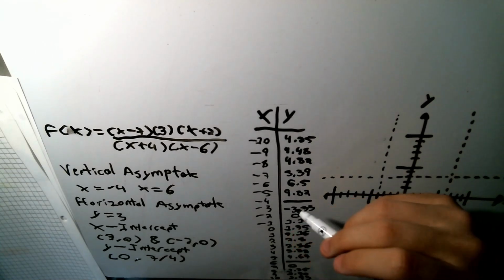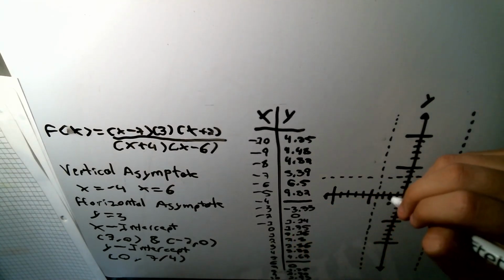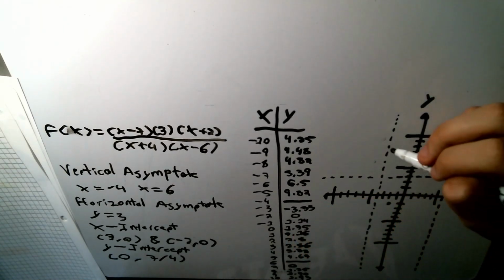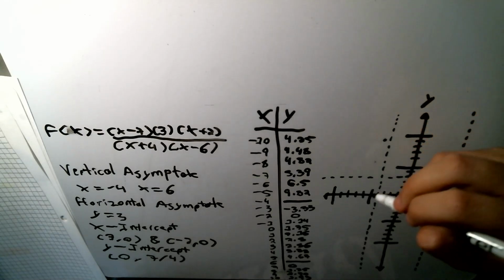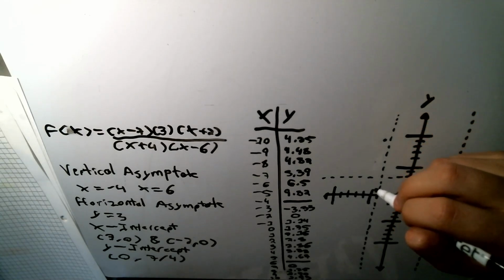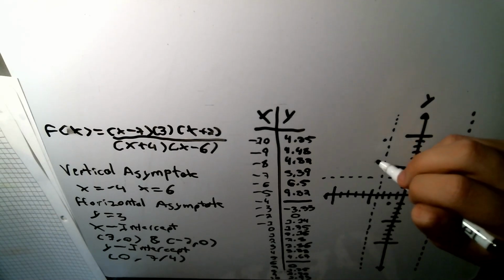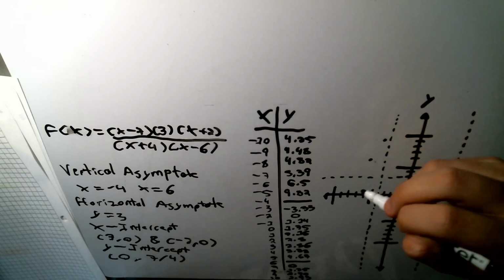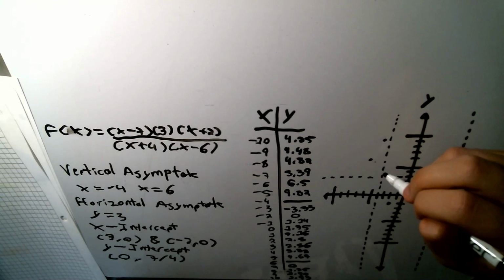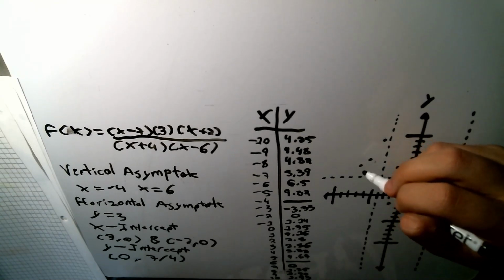Okay, we're going to start from minus 5 is 9.82. So we'll write it here. Minus 6 is 6.5, which is here. Minus 7 is 5.39, which is here.